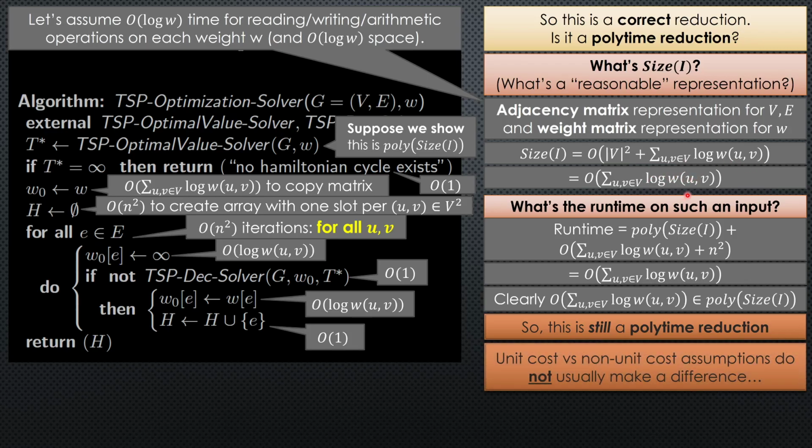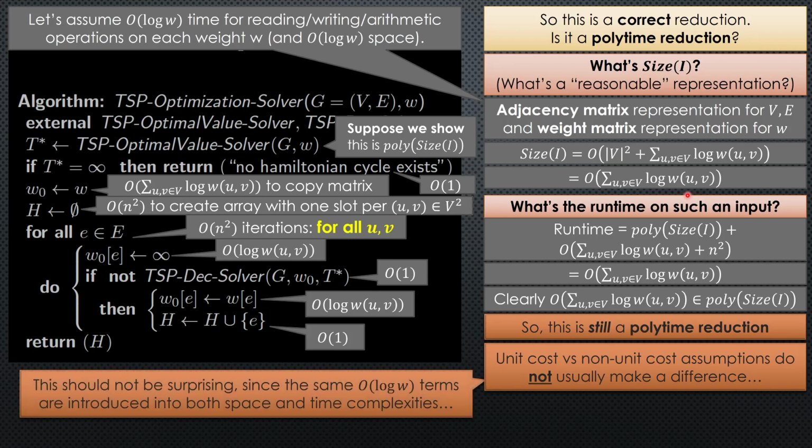So what we learned here is that the unit cost versus non-unit cost assumptions, that is, versus bit complexity model assumptions, don't usually make a difference in this setting. That's because when you introduce the log w space overhead for a particular variable, then accessing that variable starts to take order log of that variable time.